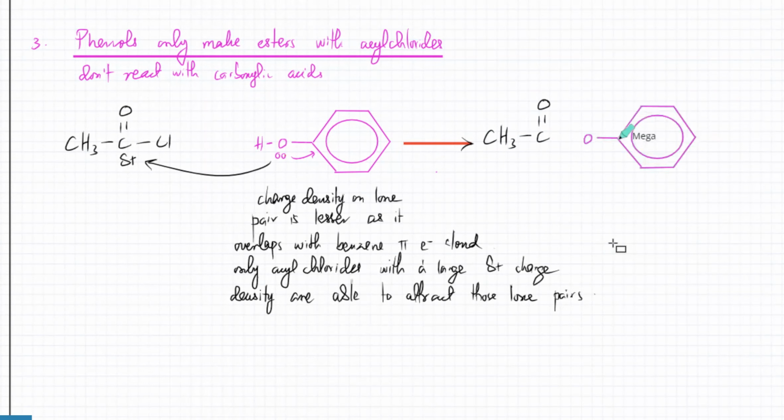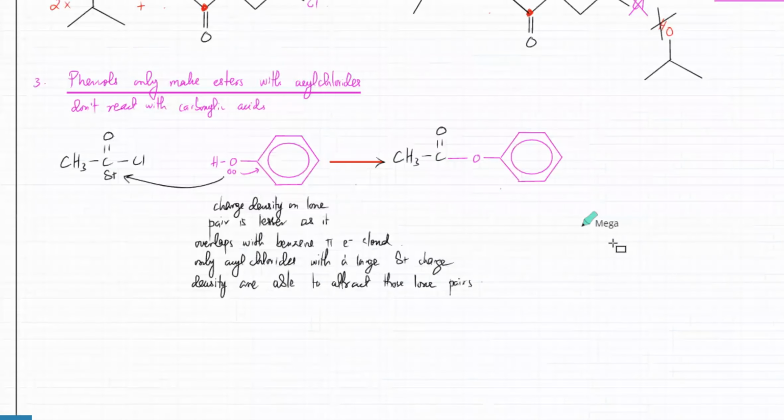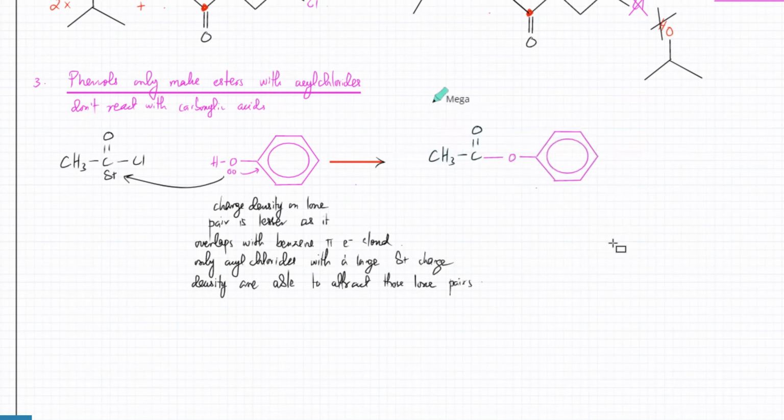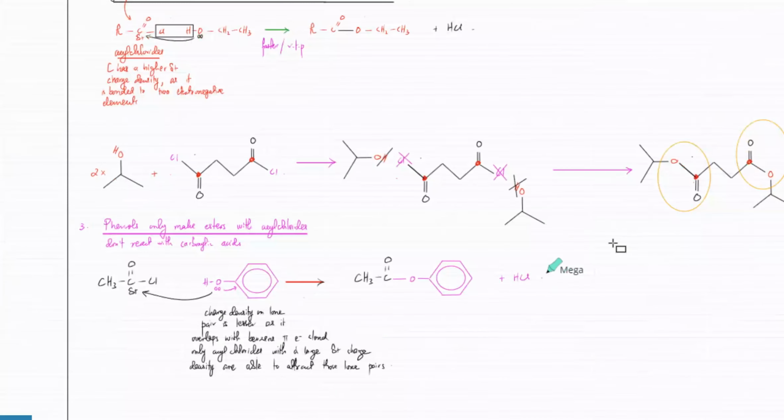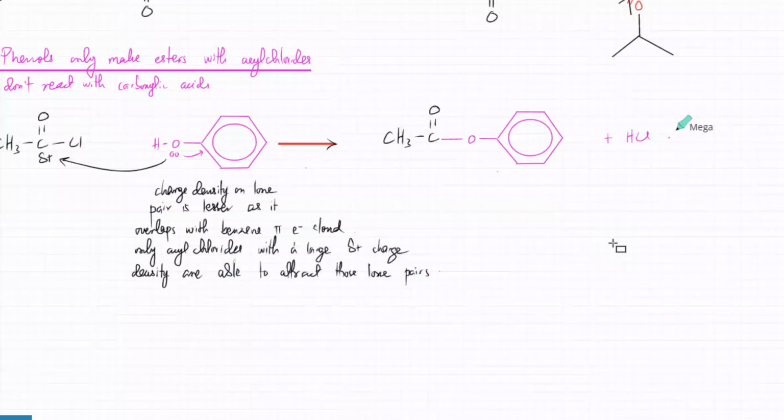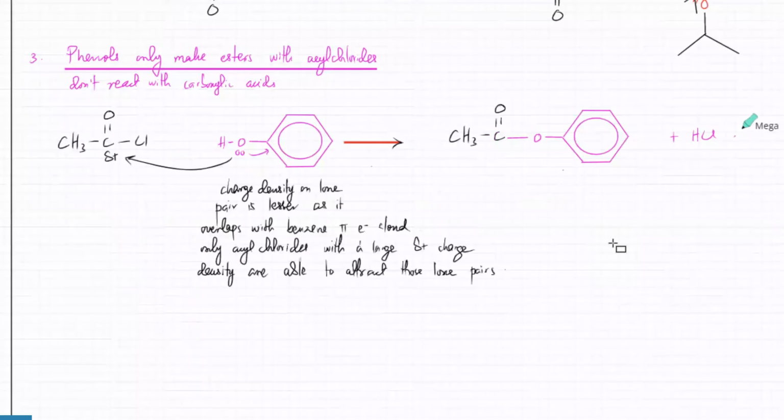They join up in the middle, and that's your ester link. The other byproduct is your HCl molecule. So that's about it for esters. Sometimes aqueous NaOH is used for this reaction.